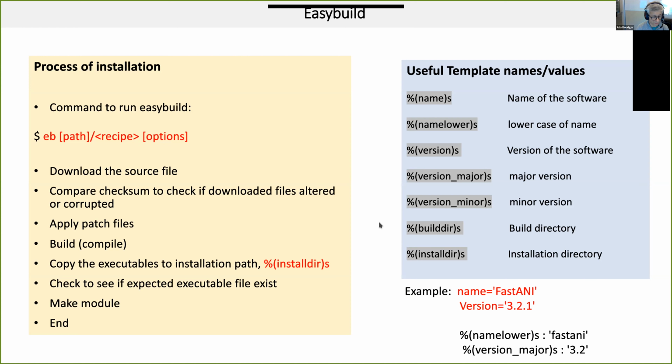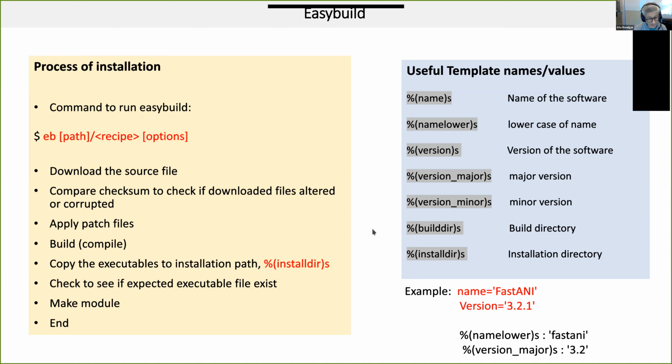First, it downloads the source file, look at the URL source, as I explained in the recipe, download the source file, compare the checksum of the file that is downloaded to see if the file is not corrupted, and then apply patches. Patches, we talk about it later in example 3. And then build it, compile it. Once the compilation finished, you copy the executable file into install path.